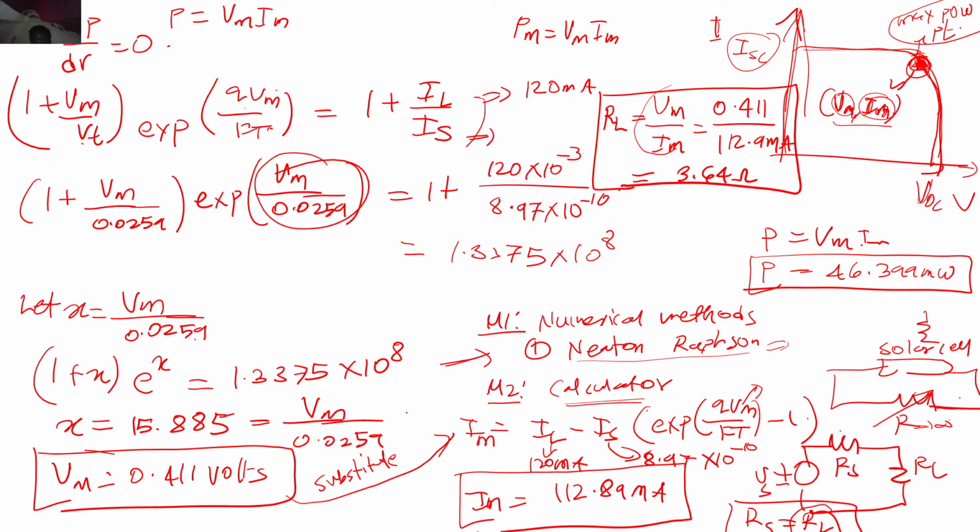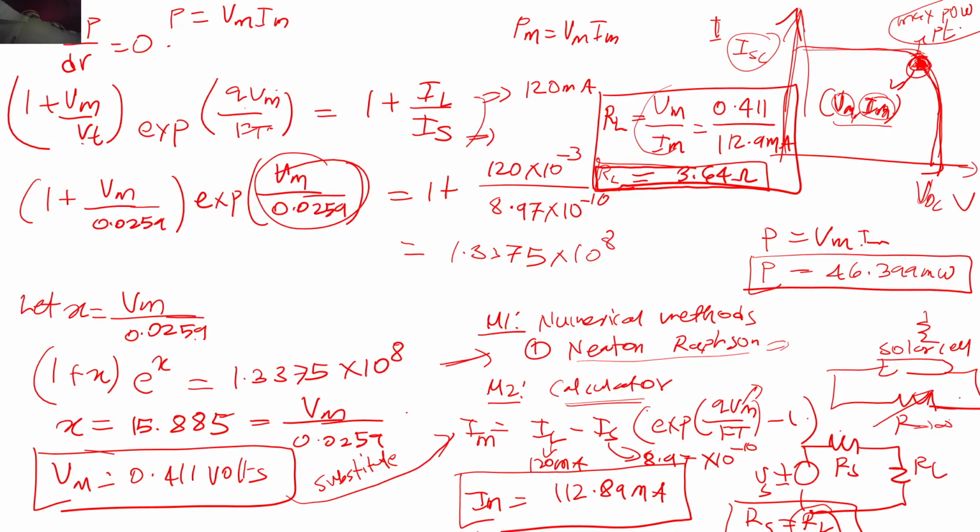So this is the value, 3.64 ohms. When you connect this load resistor, the maximum power will be transferred from the solar cell to the load resistor. So this was the last question. Maybe the last part was tricky, I don't know. If you guys have any doubts, then please ask. This was the last question for today.